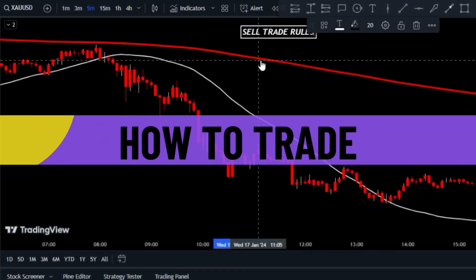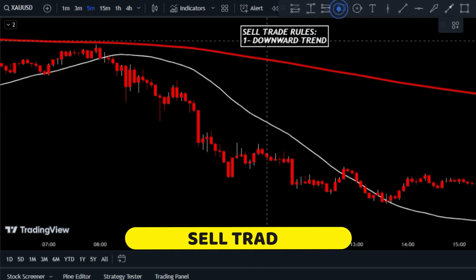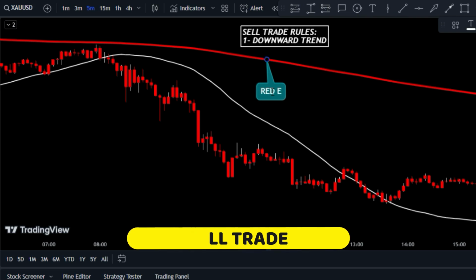Now we're ready to start trading. We have 2 simple rules to follow. For a sell trade, we first need to make sure the market trend is downward.